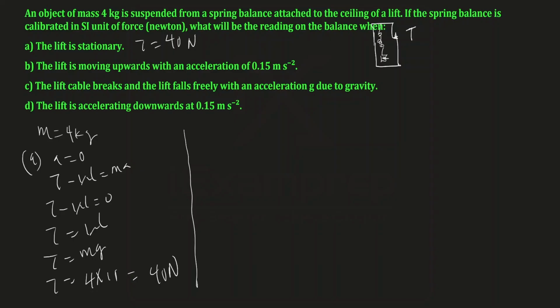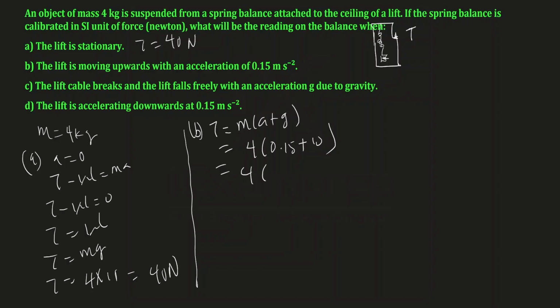Now the second question is, the lift is moving upward with an acceleration of 0.15 meters per second squared. Right, so we have upward acceleration. As I said before, for upward acceleration, we have tension equal to m into (a plus g). Right? So mass is 4, acceleration is 0.15 plus 10.